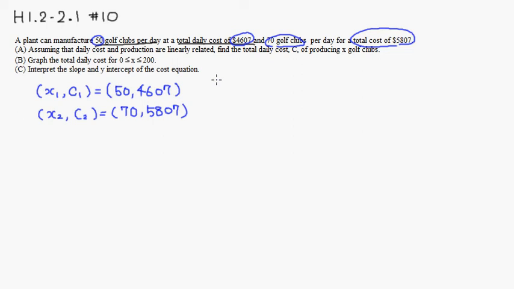As usual, we need 2 pieces of information, and one is a point. I'm going to use the first one, so the point X1, C1 is (50, 4,607 dollars).